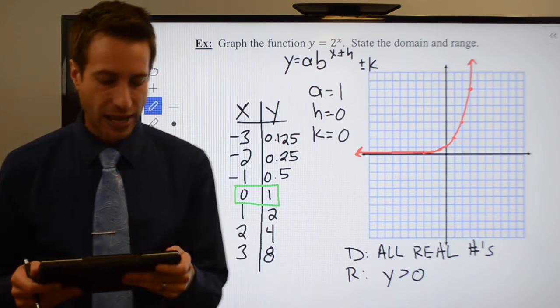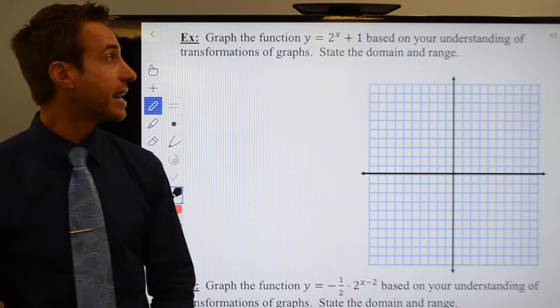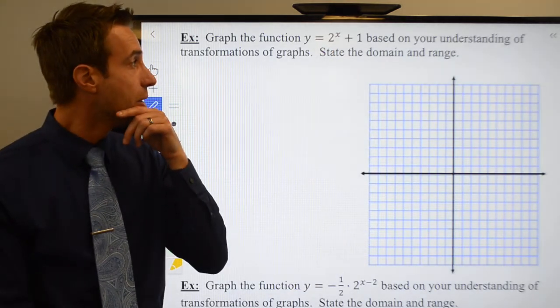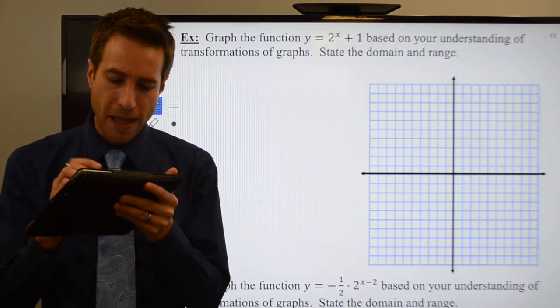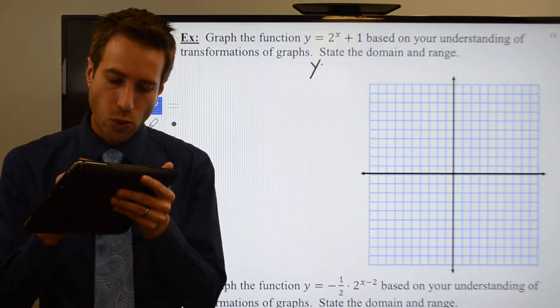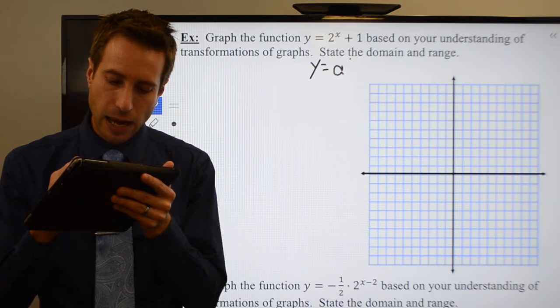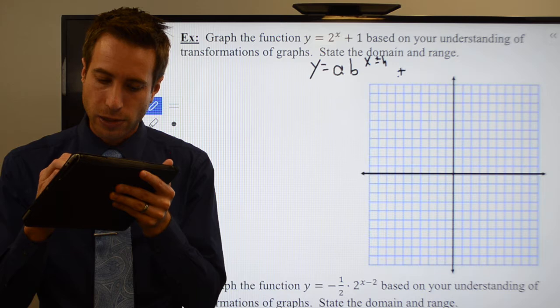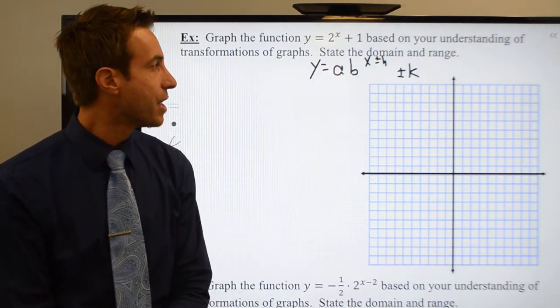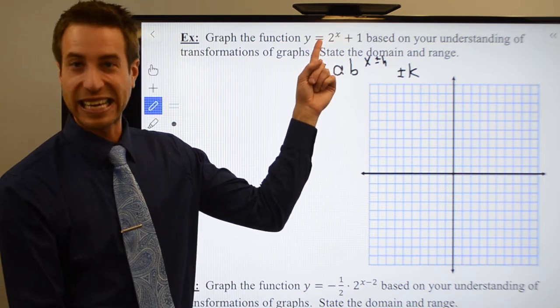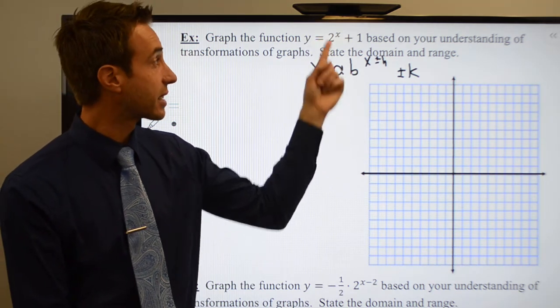All right, let's go ahead and do another one. This time, though, we'll actually have some transformations. So here on the next page, I've got this function for you, and we're going to graph this guy. Right away, I remember that my general equation is y equals a times b raised to the x plus or minus h, plus or minus k. I take a look at what I've been given, and I don't have anything in front of my base, which in this case is a 2.